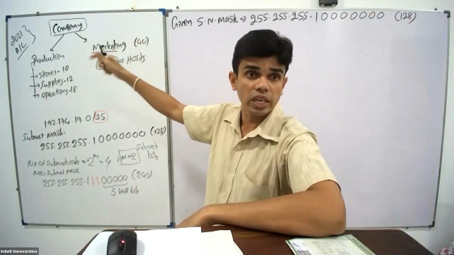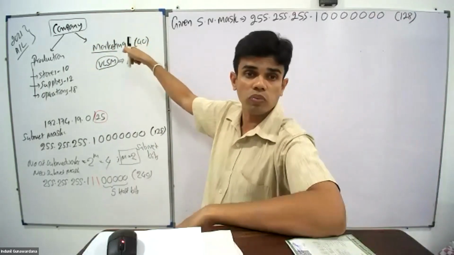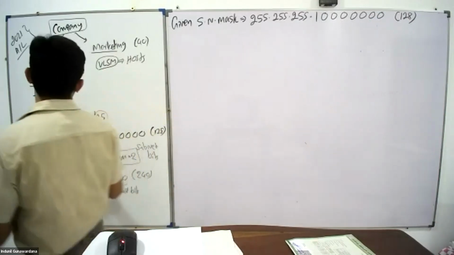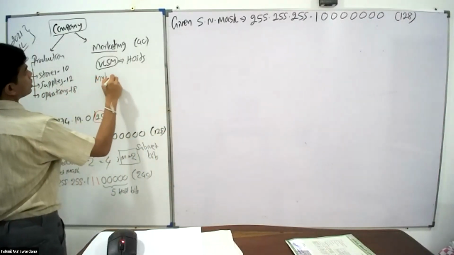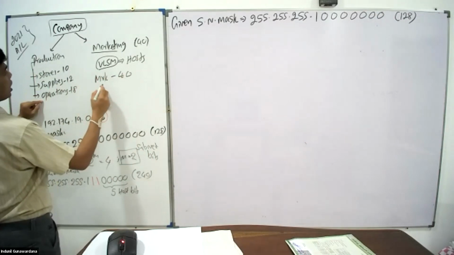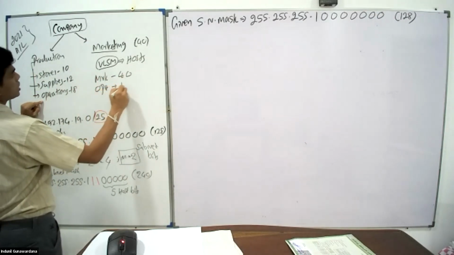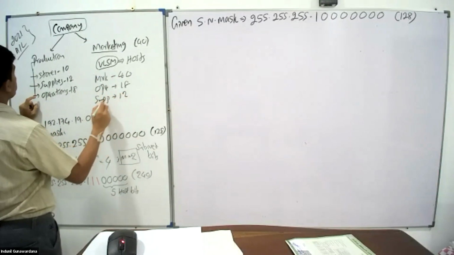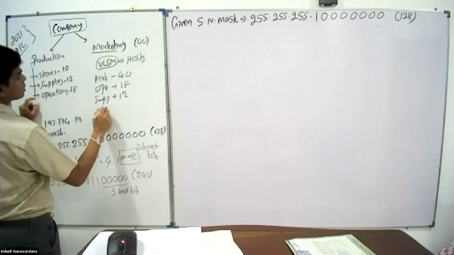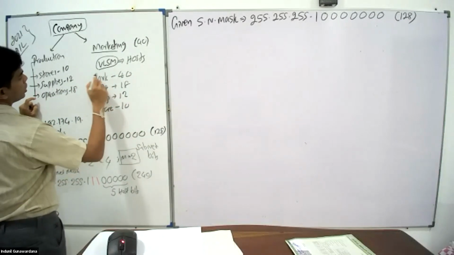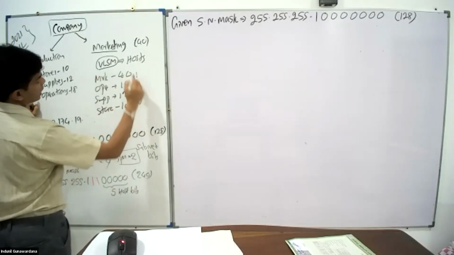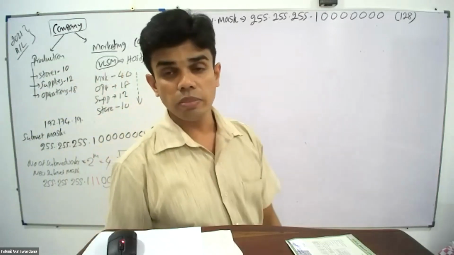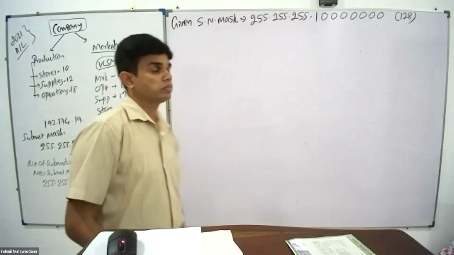We have to do the subnetting from the largest number of hosts to the least. So the largest is marketing, which has 40. Next is operations, 18. Next is supplies, 12. And then stores, 10. So we arrange them in descending order.